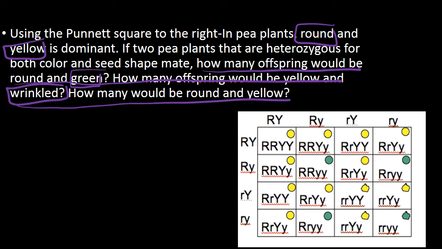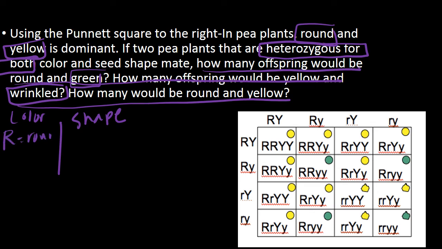We're going to write down what our parents are. Both parents are heterozygous for both. We're going to write down our letters. So we're going to have one for color, one for shape. If you are round, dominant, so capital R equals round, that means lowercase r is for wrinkled.